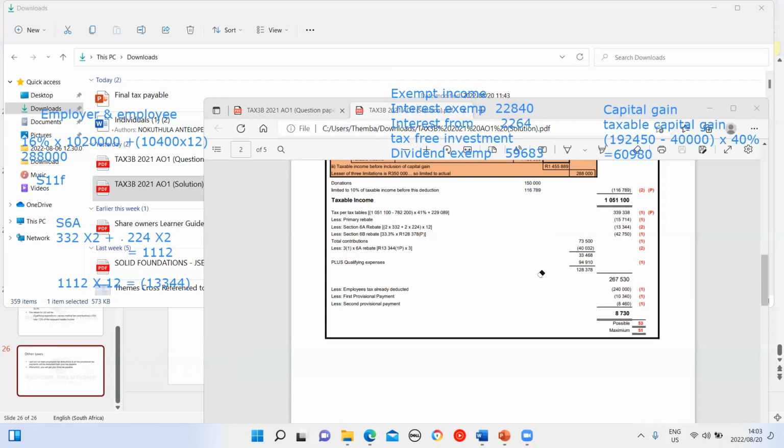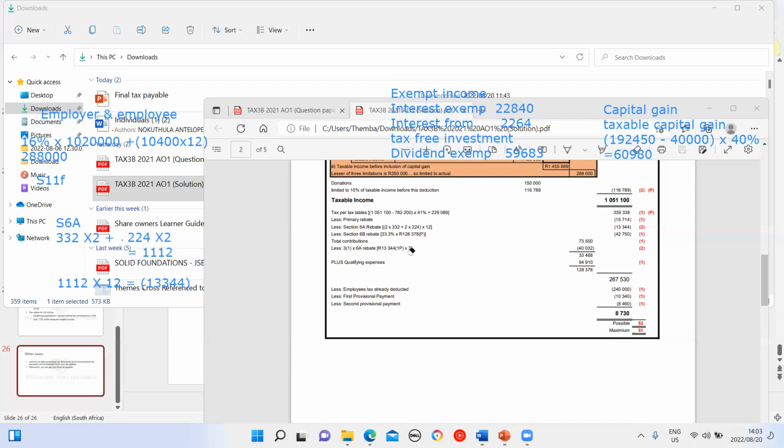That was the only mistake. I'm sorry about that, but I hope I clarified it now, because it is based on the excess above 3 times the rebate recognized in 6A. So I just missed that.